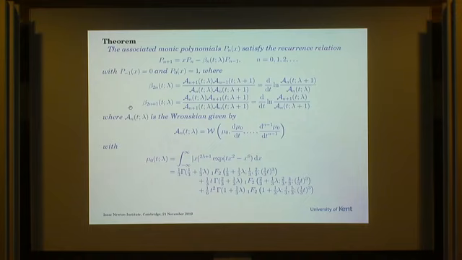And so what you have now is the monic polynomials. You can work out explicitly again what all these coefficients are. Now in this Wronskian, mu naught is now in terms of these 1F2s.